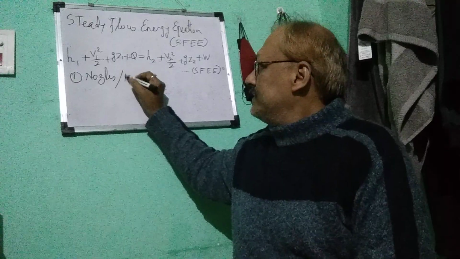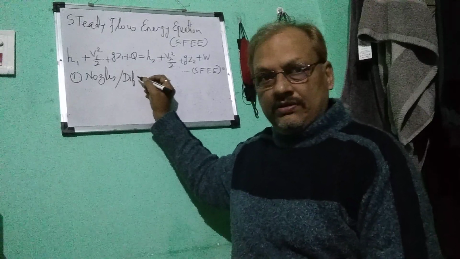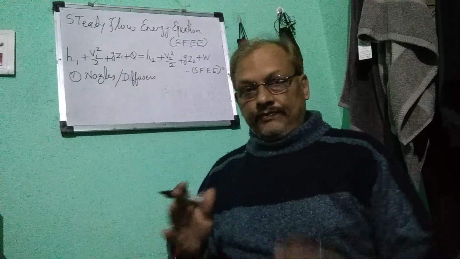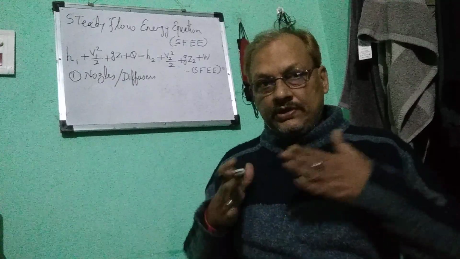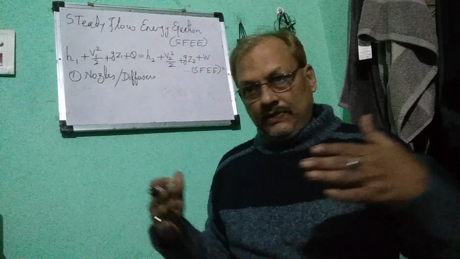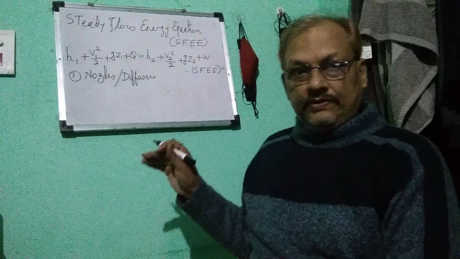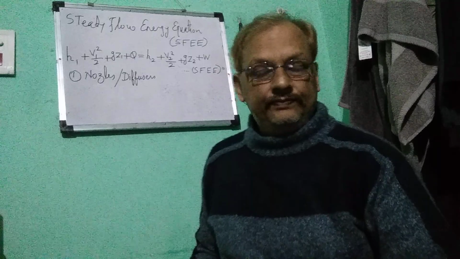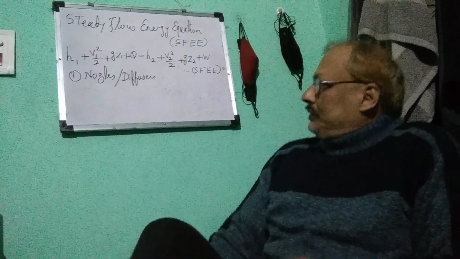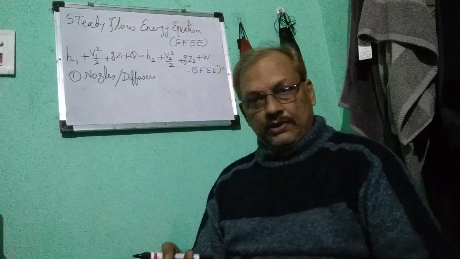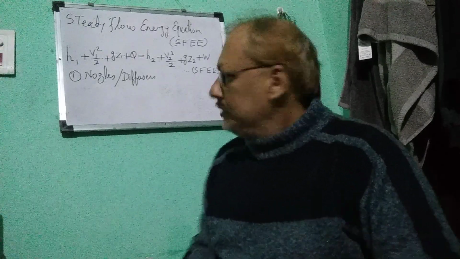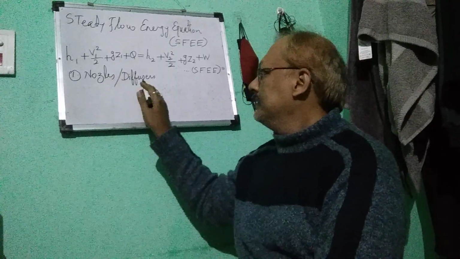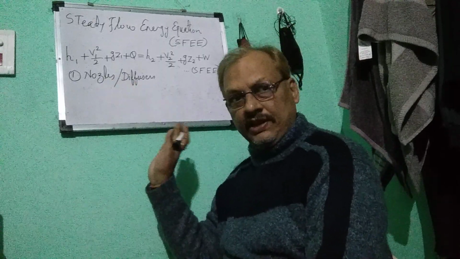Nozzles and diffusers are both the same kind of device. In a nozzle the flow expands, and in a diffuser the flow is diffused. Here pressure drops and velocity increases, and there vice versa.